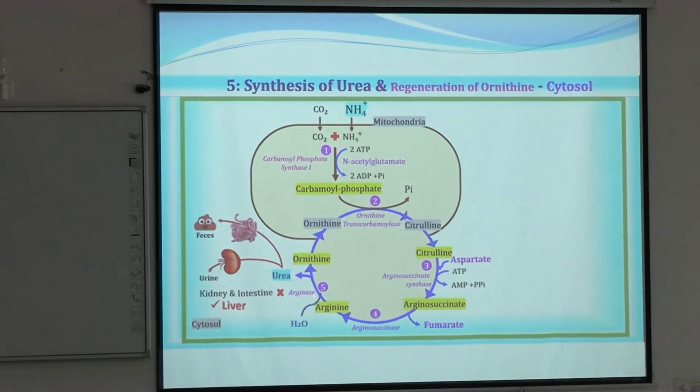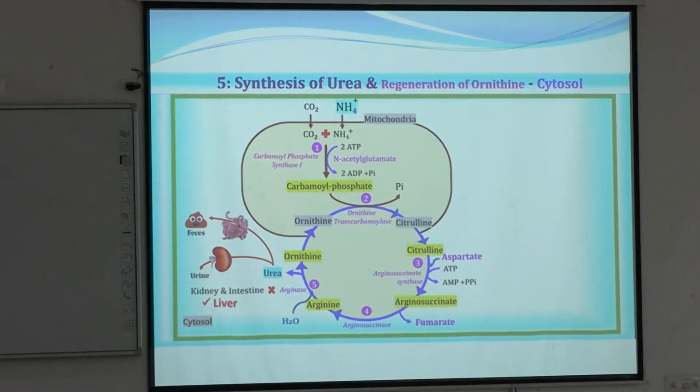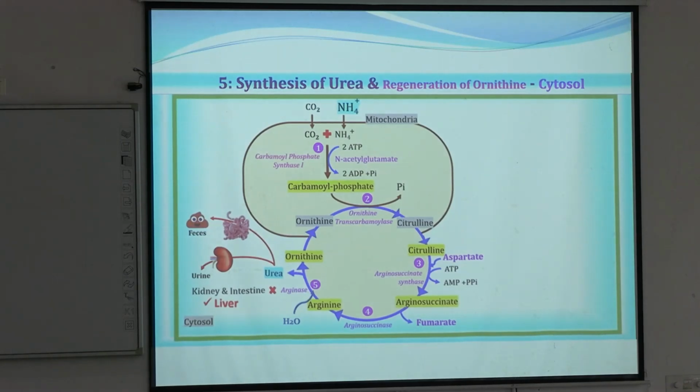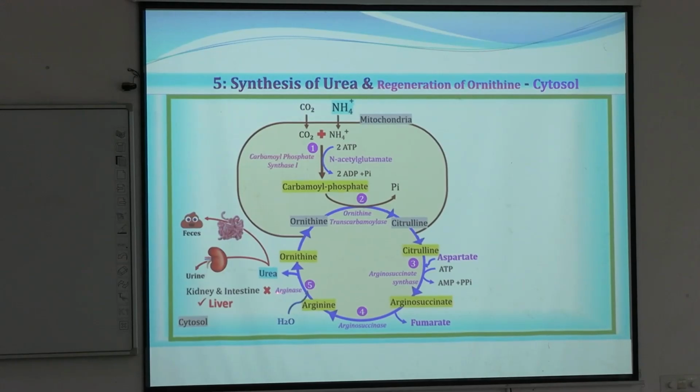Now see, this enzyme arginase, the fifth step enzyme, is exclusive for urea production. Why? Because this enzyme is only present in the liver, not in any other organs. Up to arginine synthesis might occur in some other organs also, but the last step, arginine to ornithine production and urea release, will not take place anywhere other than the liver.